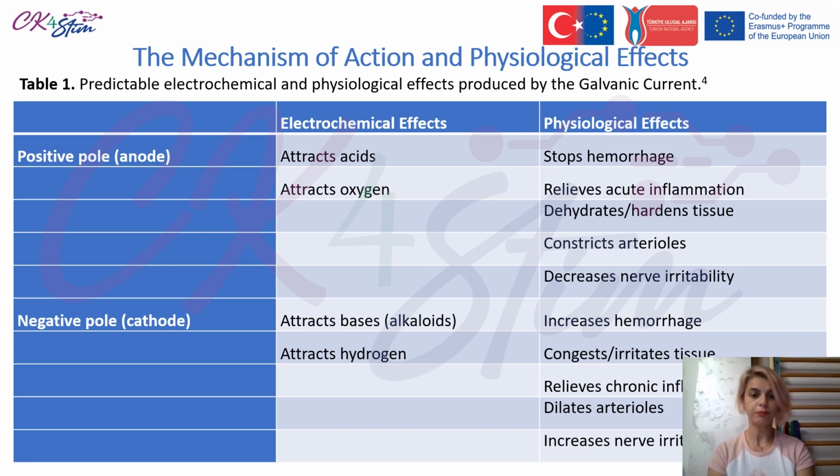So the positive pole of galvanic current yields physiological effects akin to cold application, while the negative pole resembles hot application. To attain the polar effect, two electrodes of different sizes are needed.